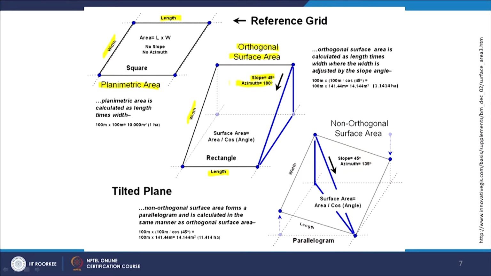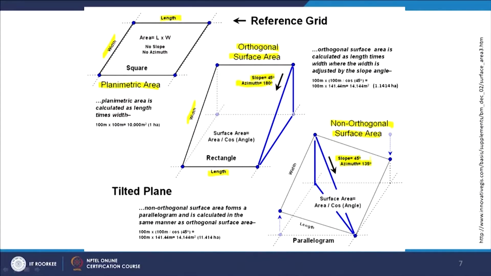But if it is non-orthogonal, like in this scenario, the surface area will increase further. Here the slope remains 45 degrees as in the previous orthogonal example, however the azimuth has changed, and the azimuth is 135 degrees. Because in nature it is not necessary that the surface would be orthogonal all the time. Generally these would be non-orthogonal, and this is a parallelogram scenario.